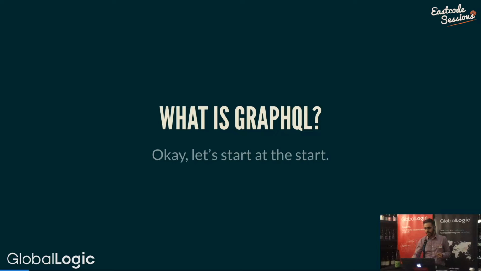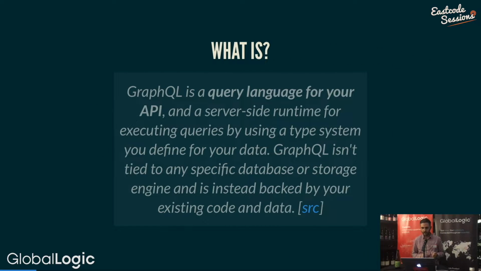What is GraphQL? GraphQL is a query language for your API. So it's something that runs on the server, and it can get queries and reply to your queries. And it's not really tied to any specific database or storage engine, but it's just a bunch of code that's meant to build on top of something.